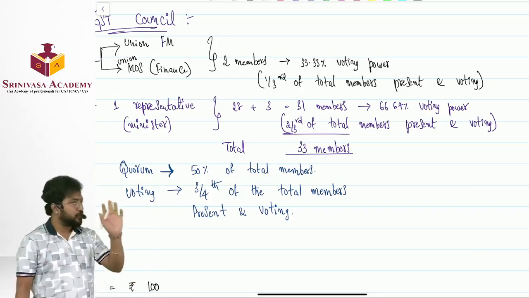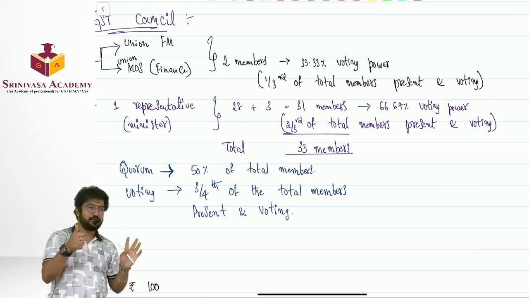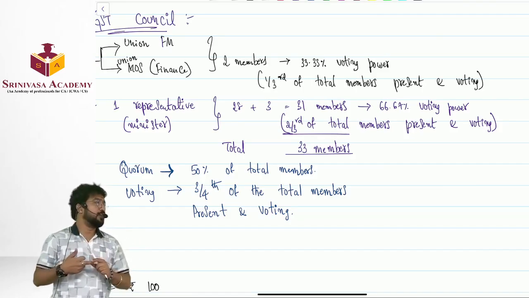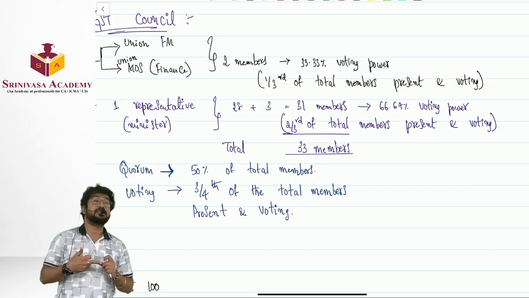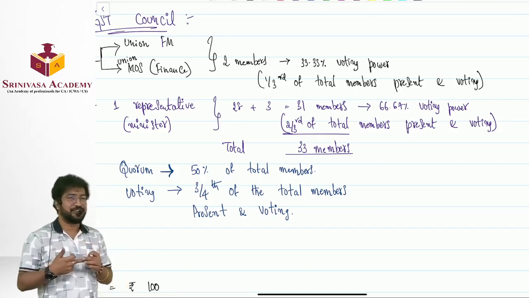Right. So you should remember 1/3, 2/3, 3/4. What is 1/3? Central government. What is 3/4? The majority required. The majority mark is 3/4, just like, recently you would have seen, the majority mark, 117, 118.